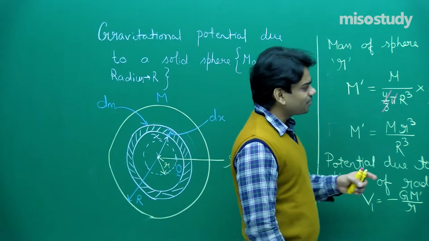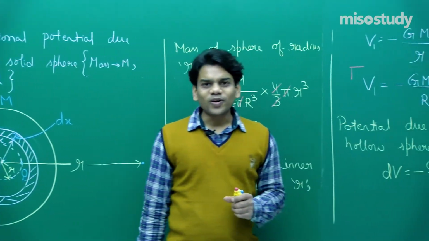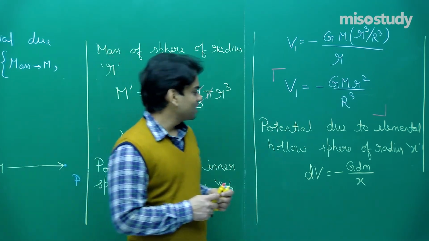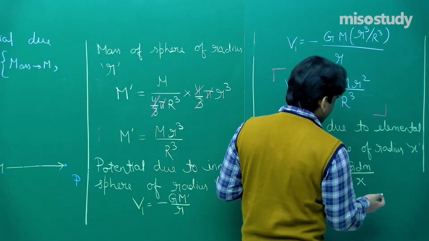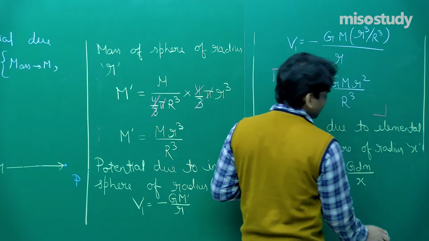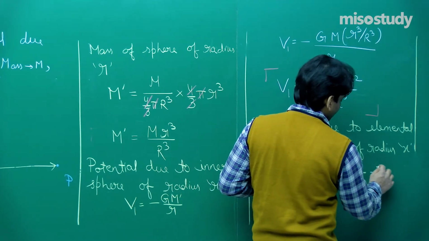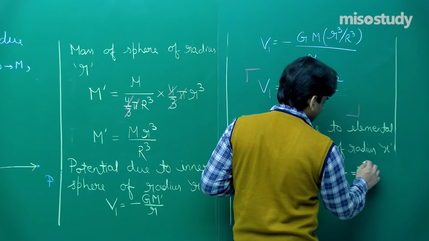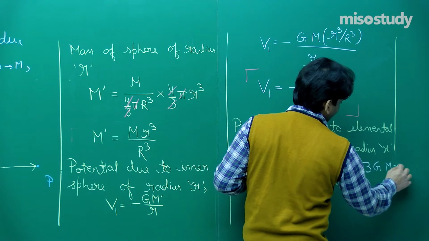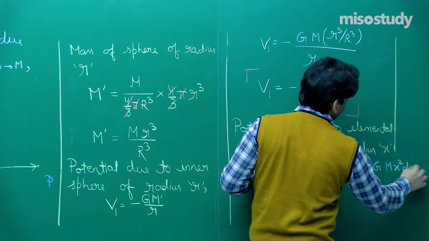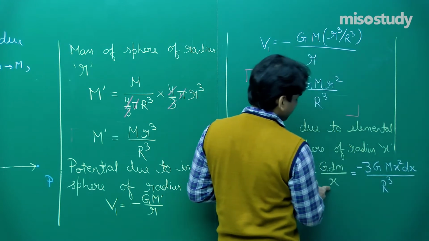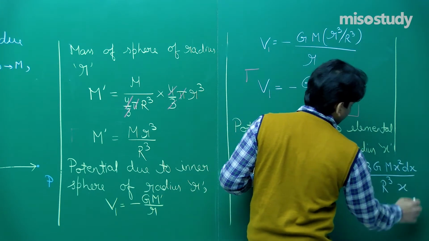So minus G dm by x, dm value we have already evaluated in terms of x. This will come out to be, substitute the value of dm as 3Mx square dx. This will be minus 3G, and this will be Mx square dx upon r cube, and here we have x, so I am also substituting here x.